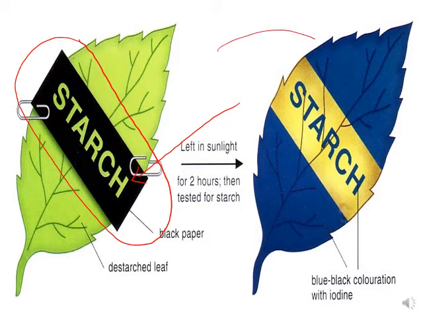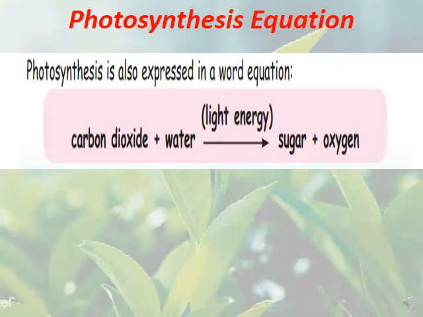It gives a dark blue color in all the parts that are green and exposed to sunlight. However, the part that is not exposed to sunlight, which is this part, gives a yellow color, which means that in order to have starch, we should have sunlight. So sunlight is important for the production of starch as well as the photosynthesis process.